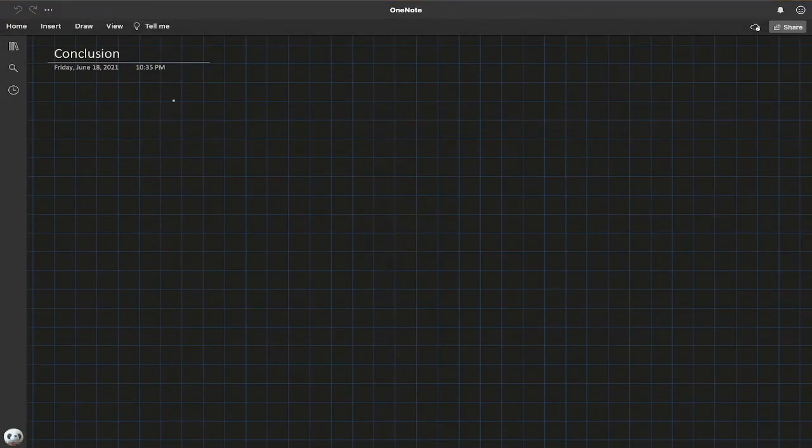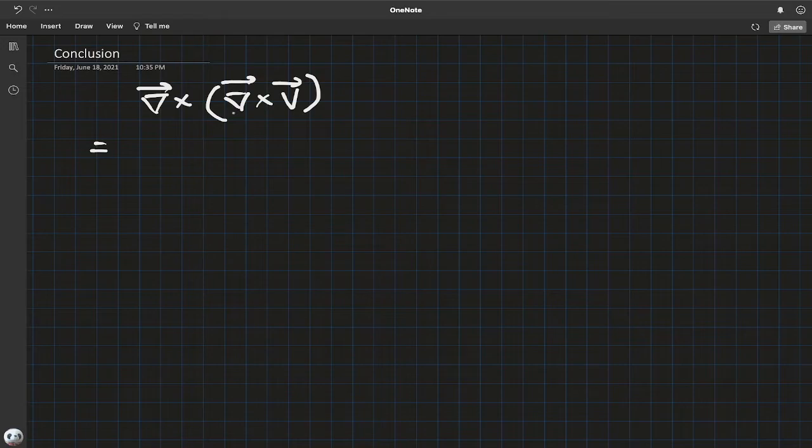Finally, we have a really important one here. Double curl of a vector field. So again, subscript summation.